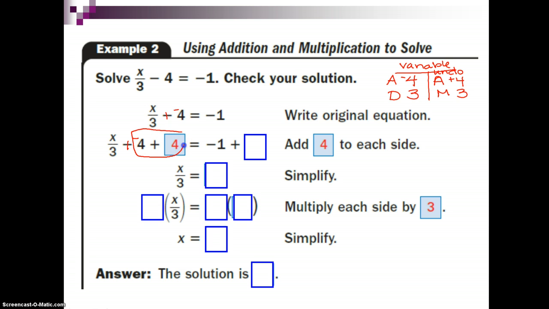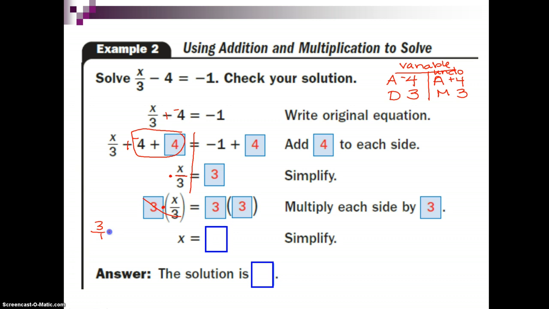So now I have negative 4 plus 4, which cancels out. Make sure you balance the equation and add 4 to the right side as well. Negative 1 plus 4 is 3. Here we are dividing by 3, so we can multiply by 3 on both sides. These cancel each other out.